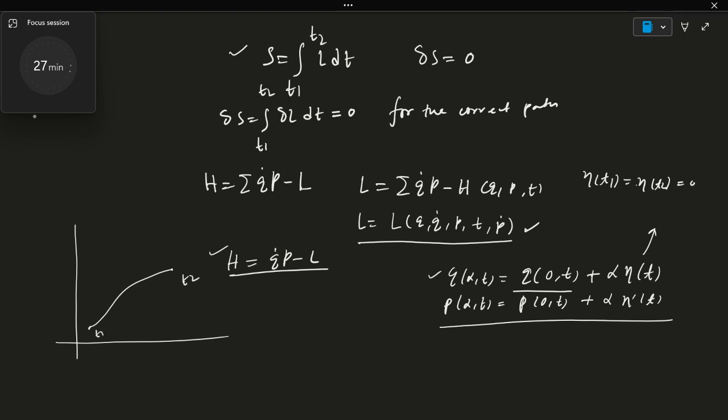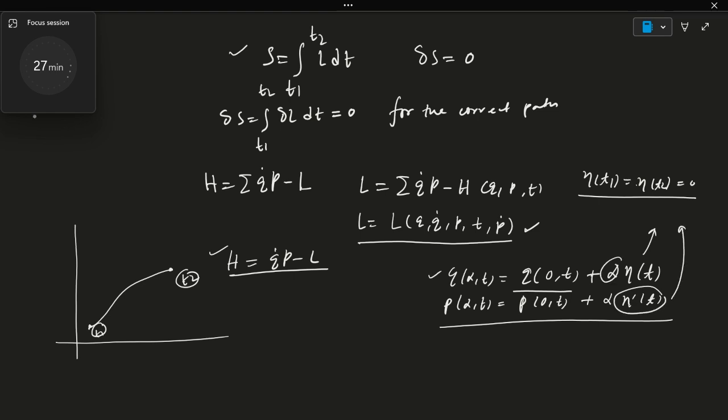The system is evolving from here to here in phase space, and we are considering the first point at time t1 and the second point at time t2. At both ends, eta will be equal to 0, and in between, eta is totally well behaved. It is a continuous function, and its first and second derivatives are also continuous, and eta prime has the same kind of nature.